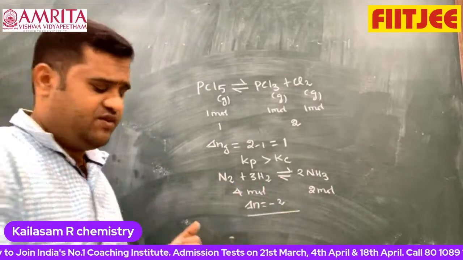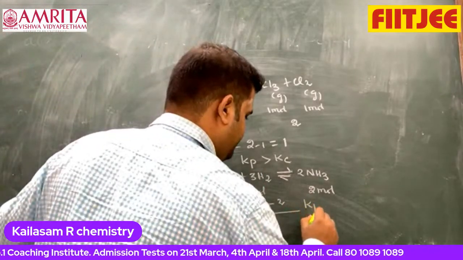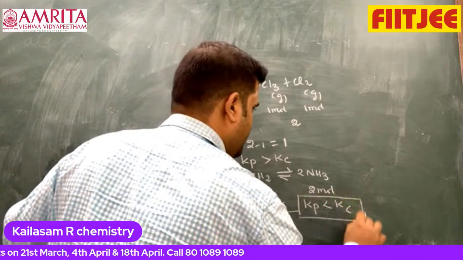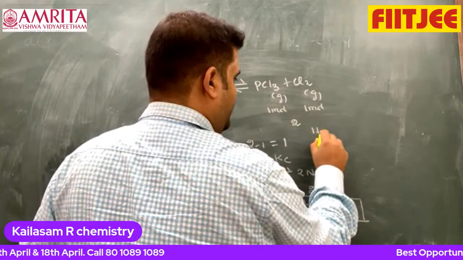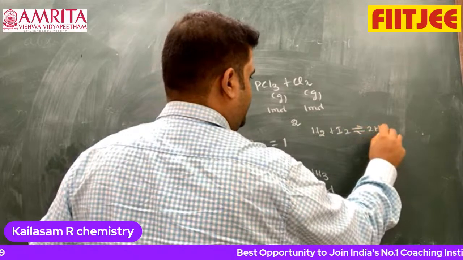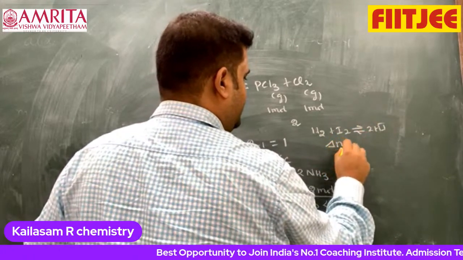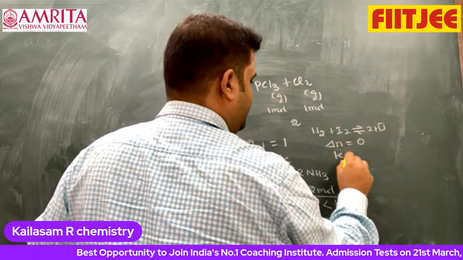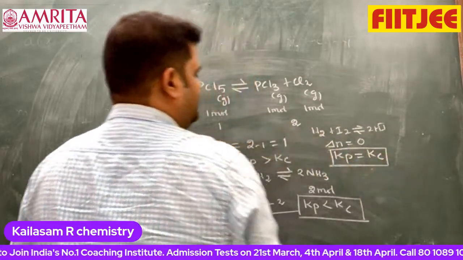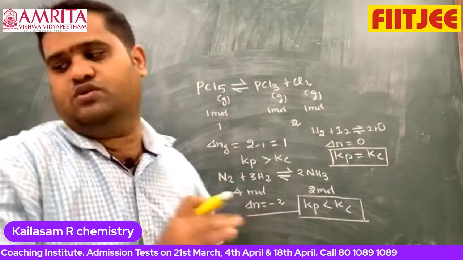So in this case, Kp is less than Kc. And what about in this case? H2 plus I2 in equilibrium with 2HI, all are gas. I can say delta n is equal to 0. In this case, Kp is equal to Kc. This is the first information about that.